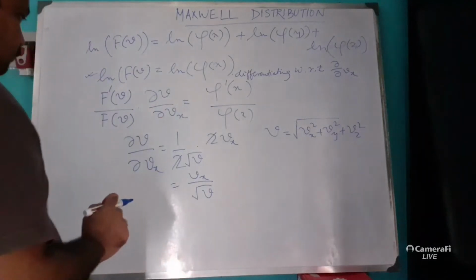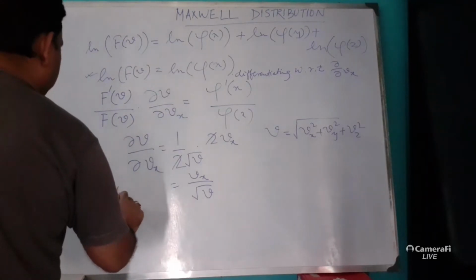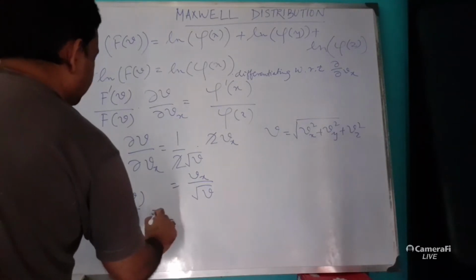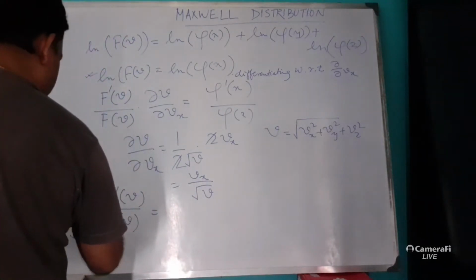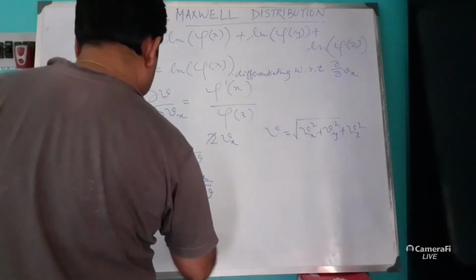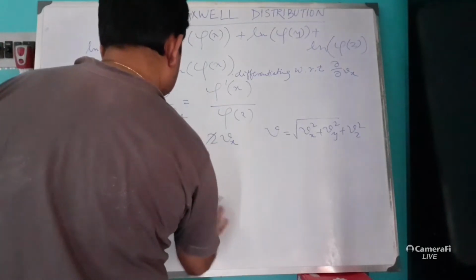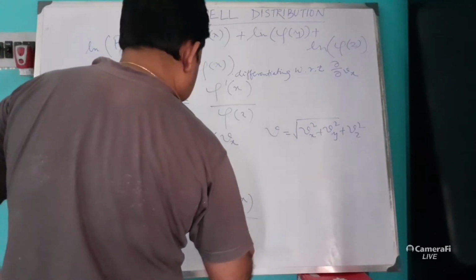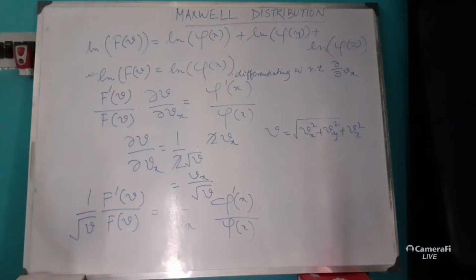So this is what we have over here. So substituting over here, f prime(v) by f(v) times vx by v is equal to phi prime(vx) by phi(vx).